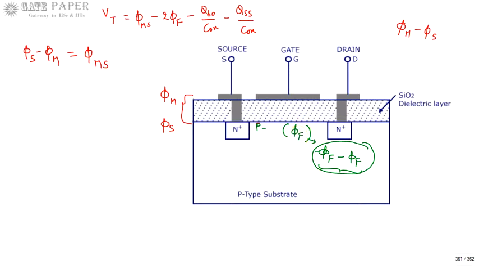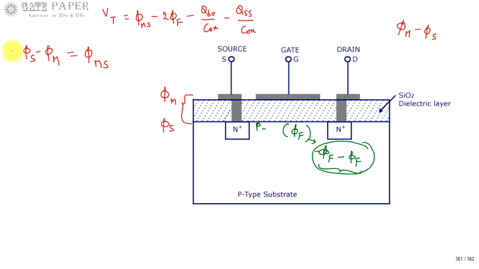The channel region is initially p-type, so you must overcome that. First, by applying minus pi f, which is applying it in the opposite way, it becomes intrinsic semiconductor. And to become n-type, one more minus pi f is required. So minus 2 pi f is the required voltage to change the surface potential from p-type to n-type.